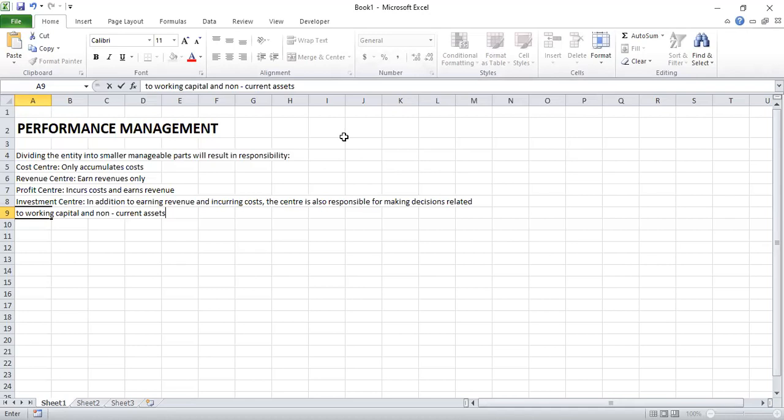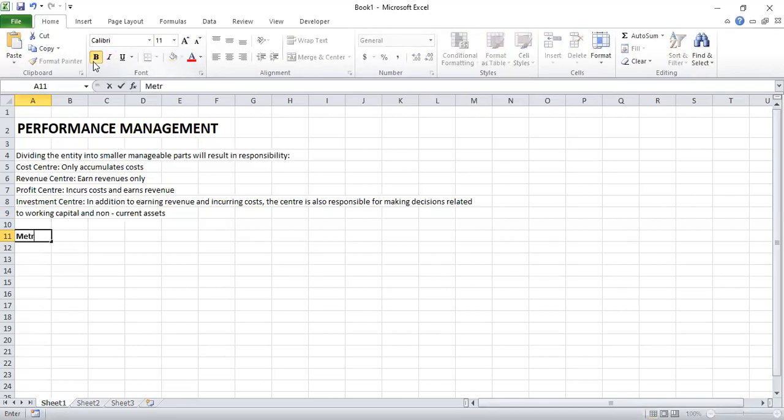Right. So we've got various parameters that we can use to judge and evaluate the performance of an entity.